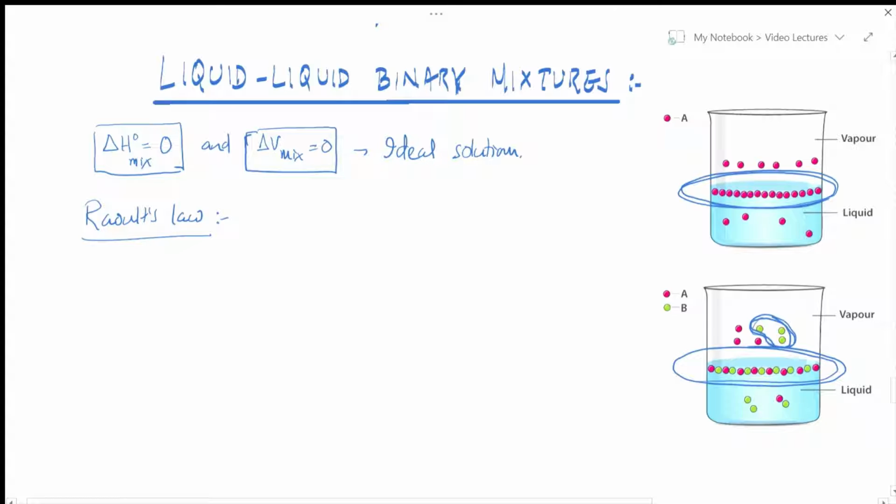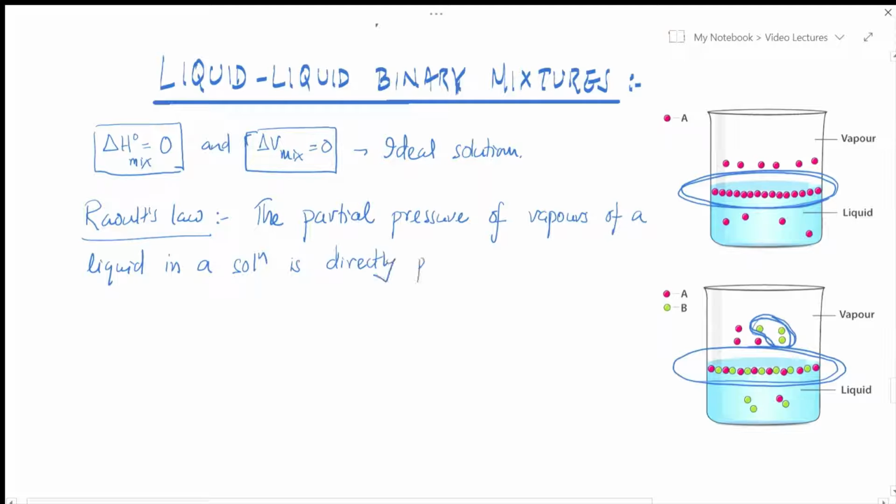And this Raoult's law states that the partial pressure of vapors of a liquid in a solution is directly proportional to its mole fraction in the solution at constant temperature.